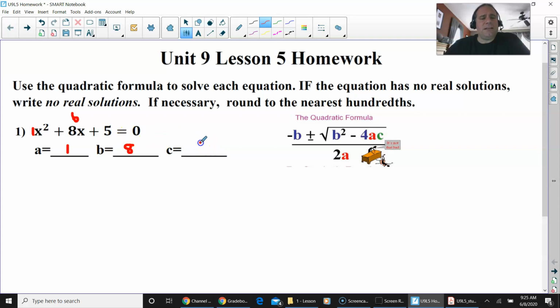And the c is always the number that is by itself without any variable, that is your 5. So we have a, b, and c.